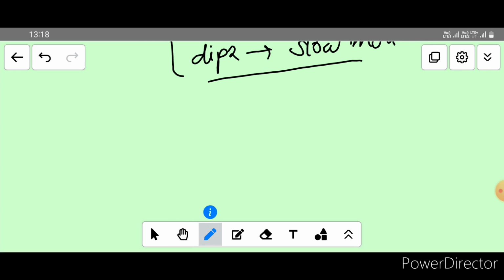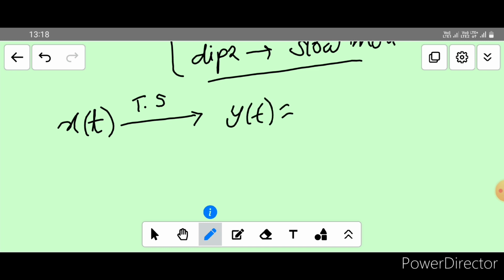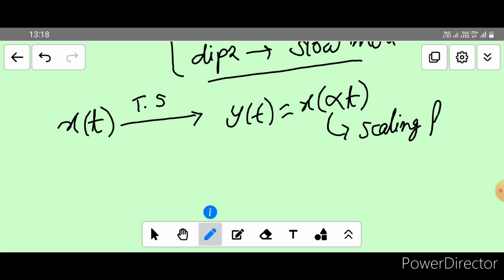Let's see. Suppose x(t) is a continuous time signal. Then the time scaled version of x(t) will be represented by y(t) equal to x(alpha t), where alpha is known as the scaling factor.